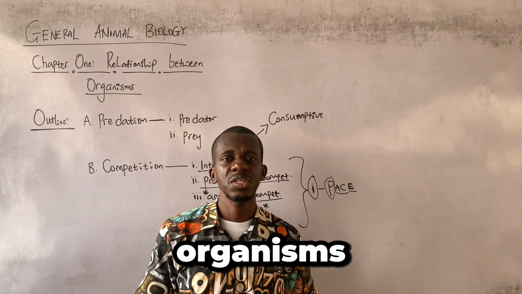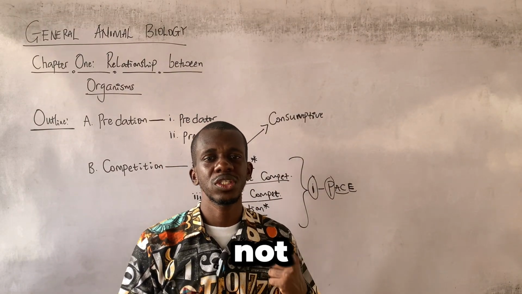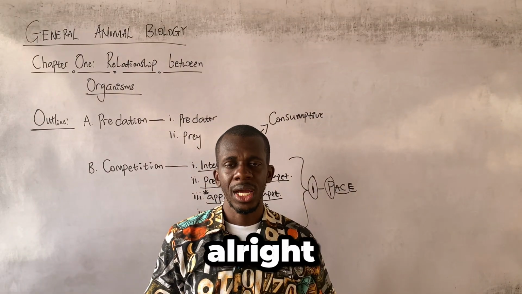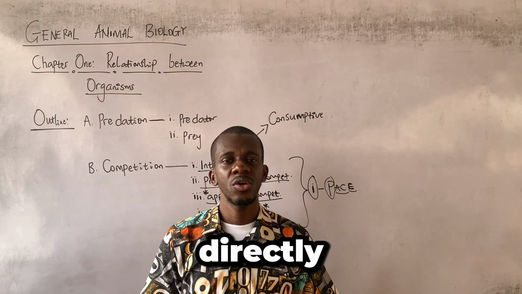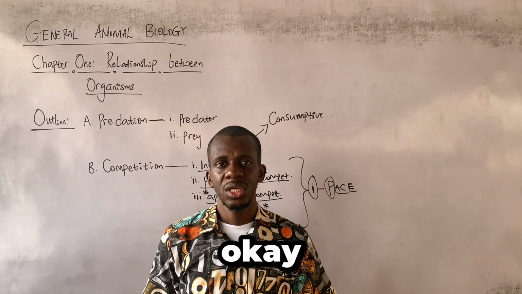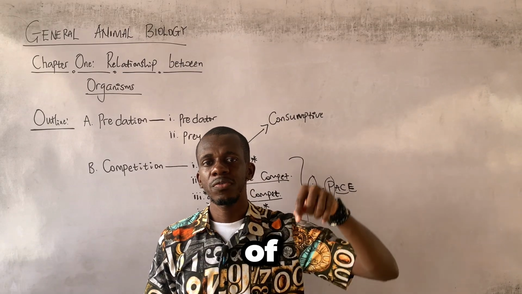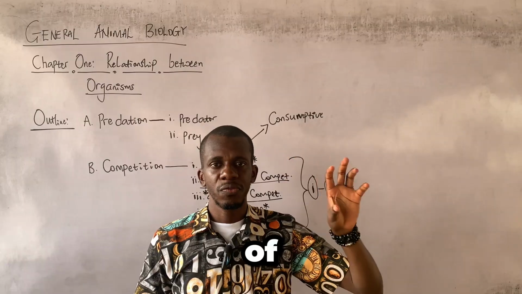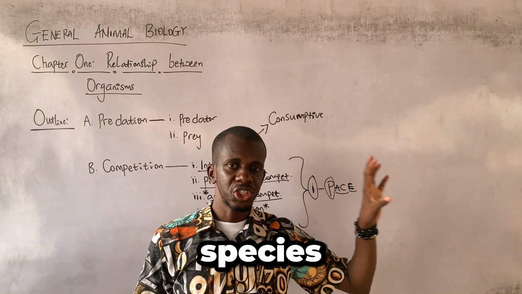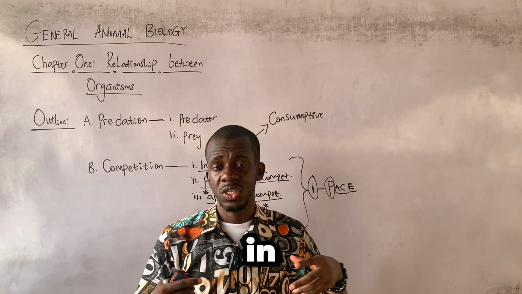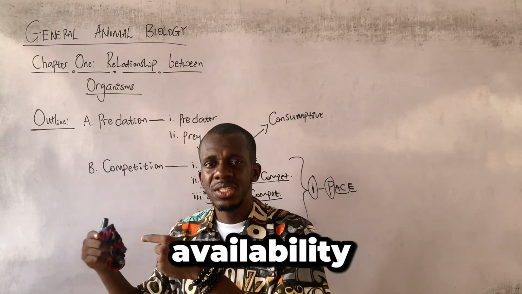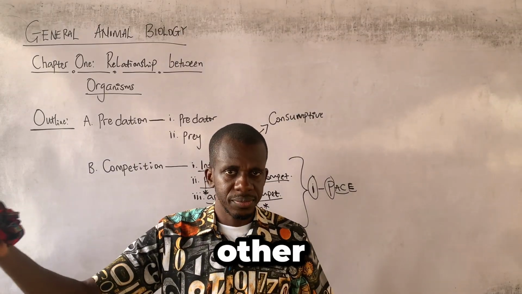The organisms involved in this competition do not actually fight. They do not exert force. But either directly or indirectly, the utilization of a common resource by one of such species of organisms involved in this competition will affect the availability of that resource for the other.